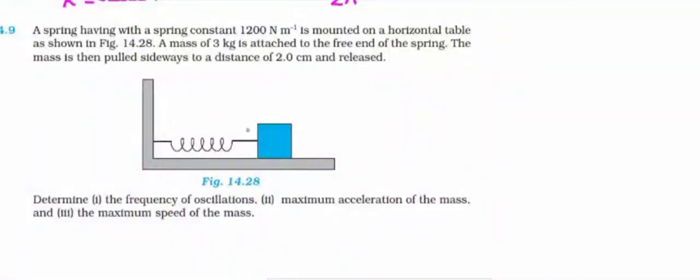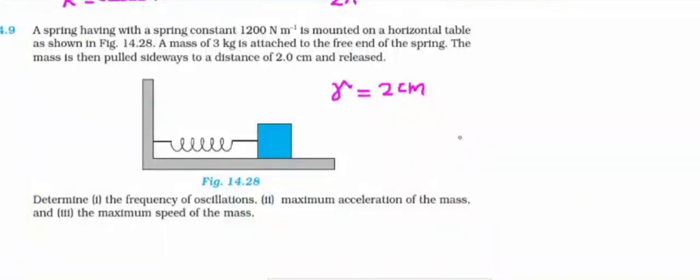So it is pulled sideways 2 centimeter. It is the maximum displacement. Therefore, the maximum displacement, amplitude, 2 centimeter you can take here. Determine the frequency of oscillations, maximum acceleration of the mass and maximum speed of the mass.